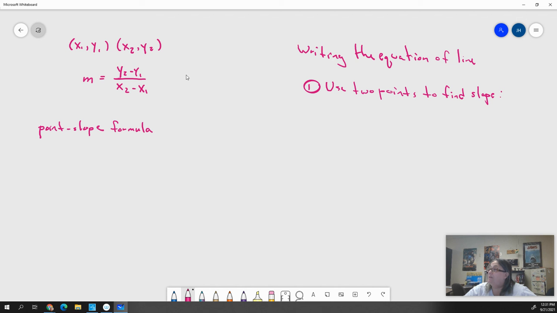So I'm going to take the 2 points and put them in m equals y2 minus y1 over x2 minus x1 to find the slope of that line.